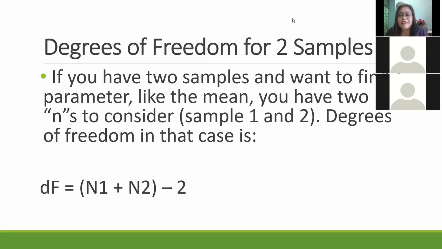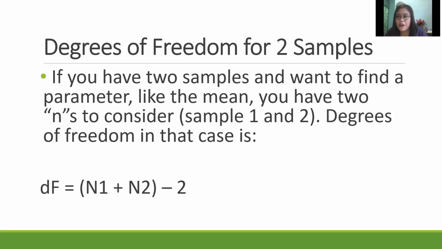But class, if you have two samples in your computation and you want to find a parameter like the mean, so you have 2n here to consider. So sample 1 and sample 2. Therefore, the degrees of freedom here is this one. This is how you compute this. Degrees of freedom is equal to n1 plus n2 minus 2.